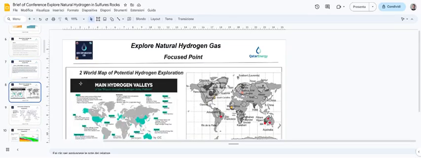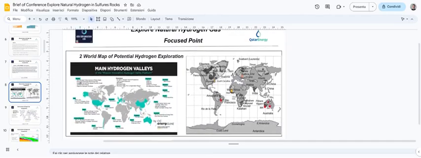We also have a map of the main hydrogen potential valleys in different parts of the world. It's linked to continental margins.